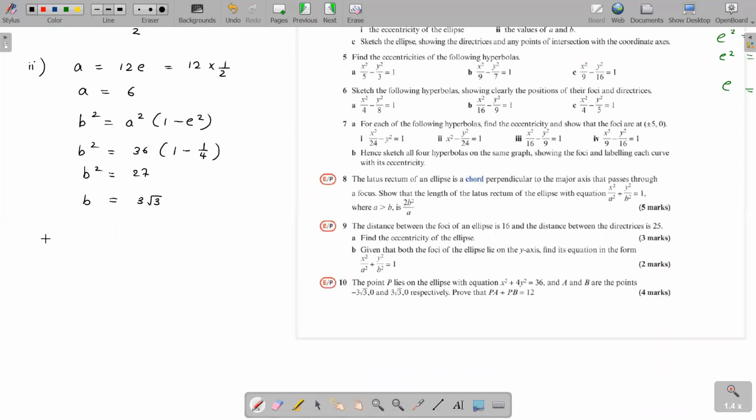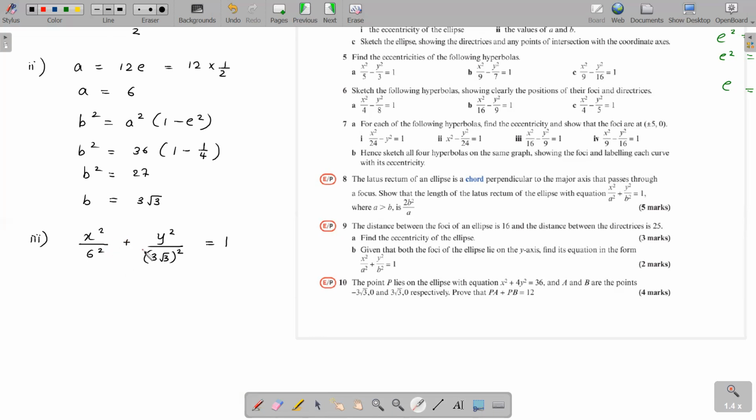Can't you sketch the ellipse now? First we write the Cartesian equation: x squared over a squared plus y squared over b squared equals 1. The only difference between the ellipse and the hyperbola is in the middle: in the hyperbola it was a minus, in the ellipse it's a plus sign.